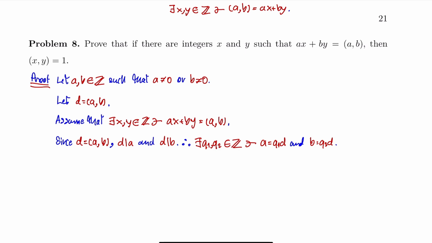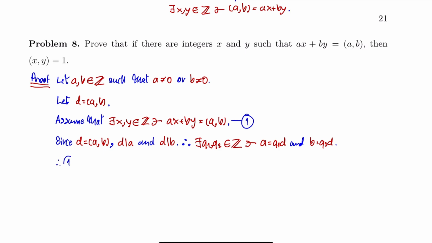Okay, now let's change this equation here. The right side is now d, and I will substitute a and b by these terms. I'm going to call this equation 1.